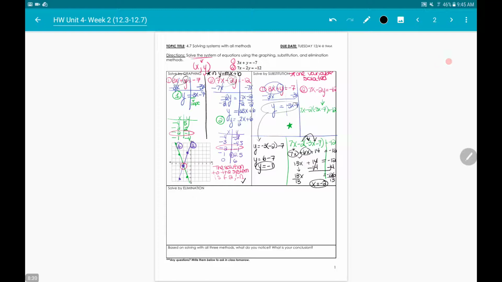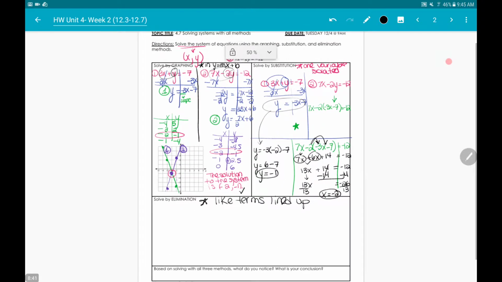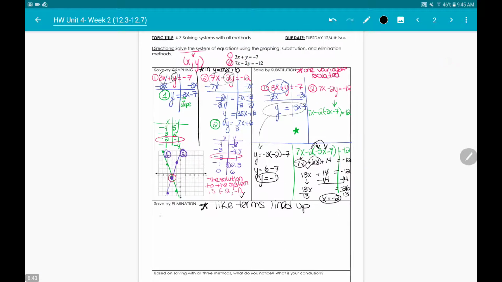So, with elimination, we need like terms lined up. Okay, we also need matching coefficients. So, I look at these two equations.